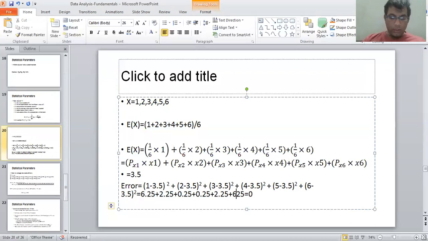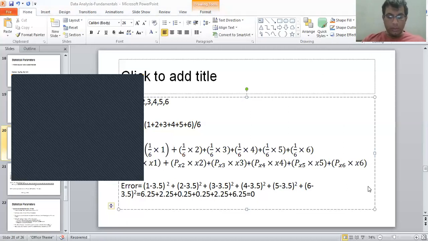And when we sum them all, it's basically 6.25 plus 2.25 plus 0.25, then multiplying by 2 gives 17.5.